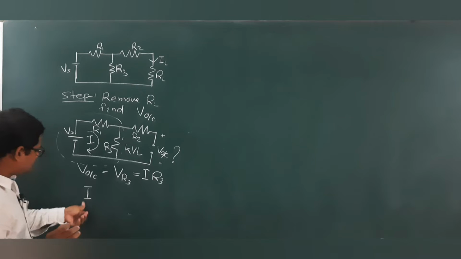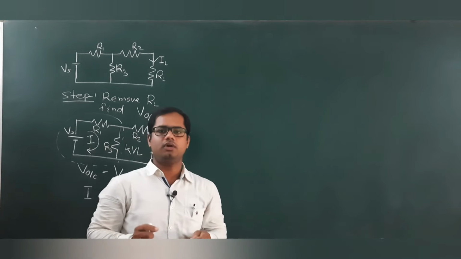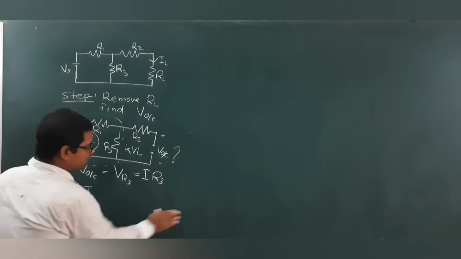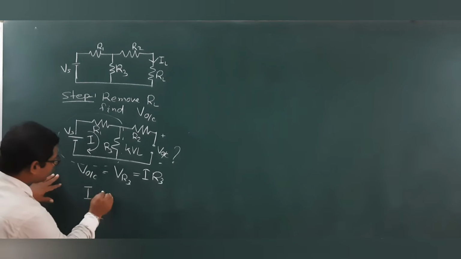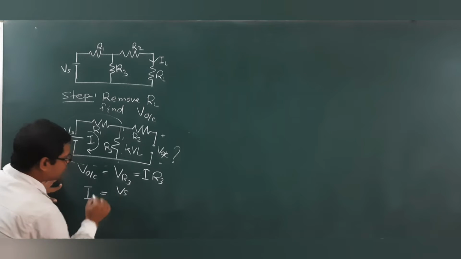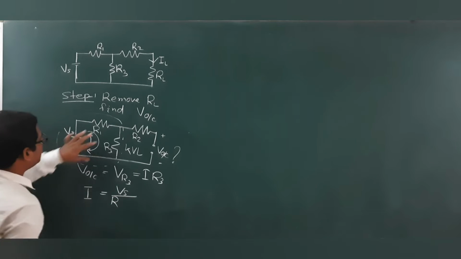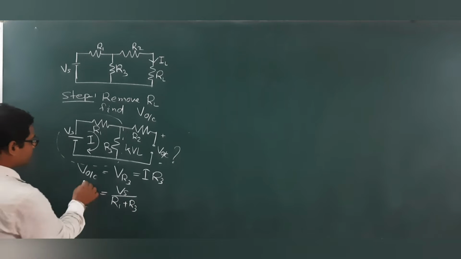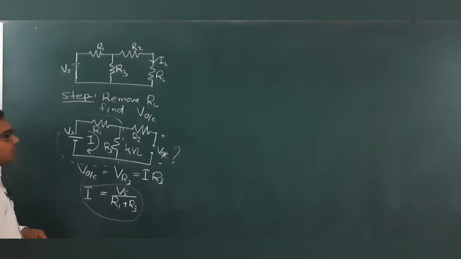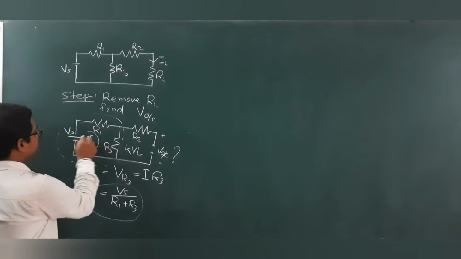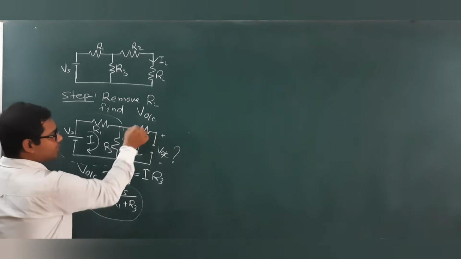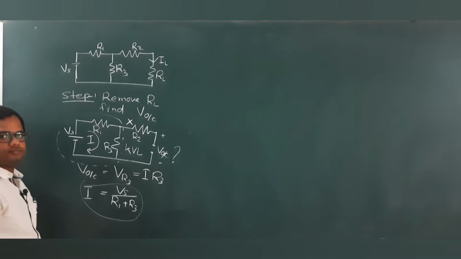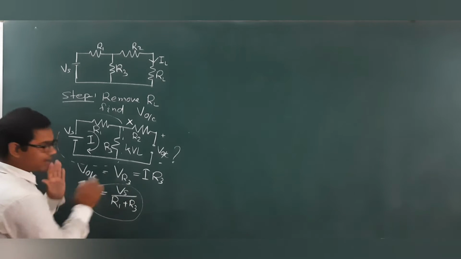In the previous class I already covered Ohm's law, and the link is given in the video also. So the I value will be V source upon R1 plus R3. Although there is one more resistance, as it is open circuited, no current will flow through it. So you can find your I here.